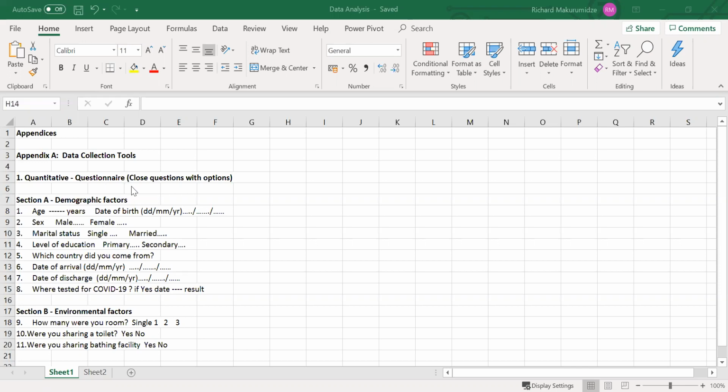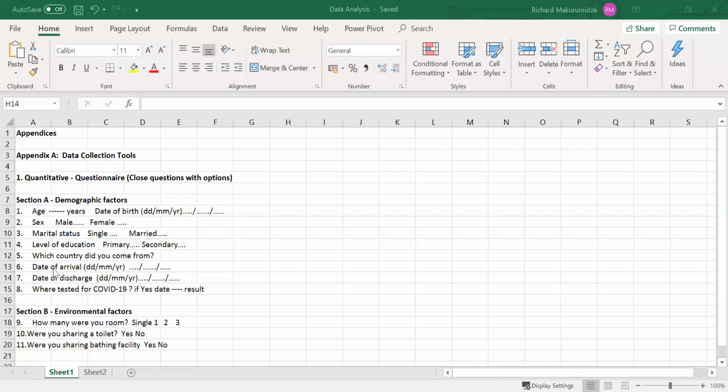So if you're doing a quantitative questionnaire, you have to ask 20 people all these questions, depending on your research and your objectives and what you want to collect. At the end, you will have 20 sheets where you are filling in everyone's age and so on.